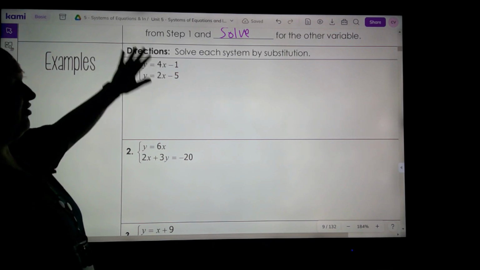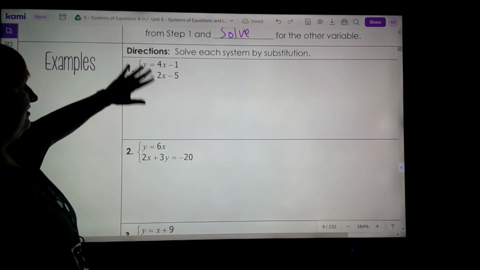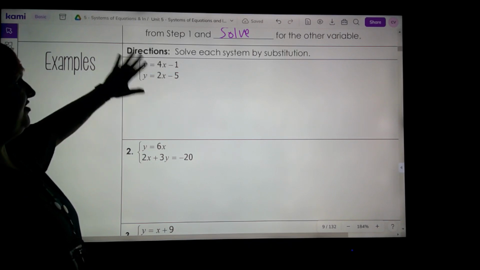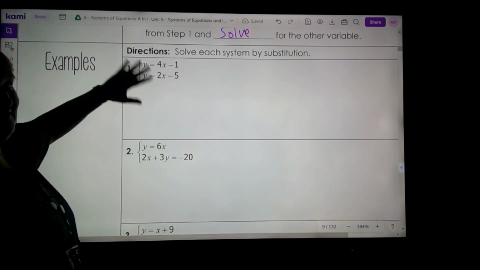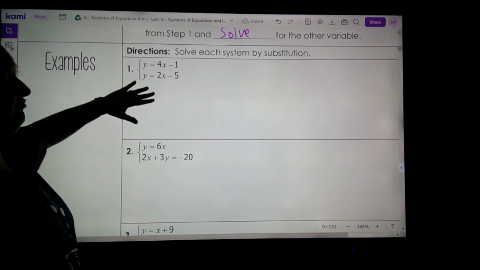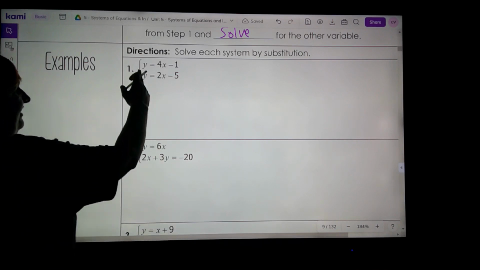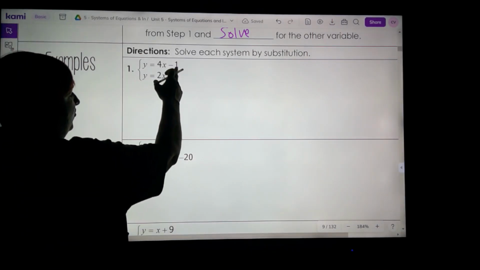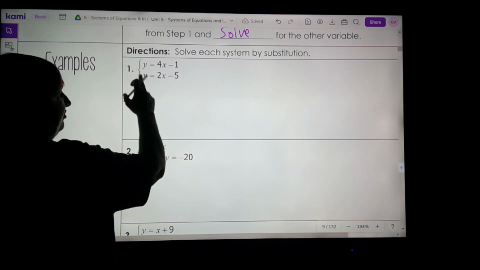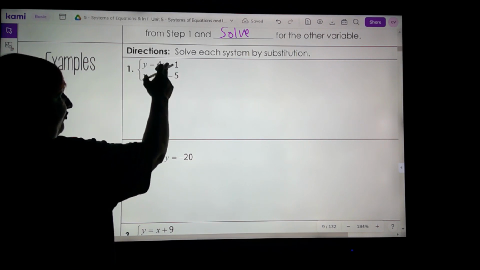Alright, both of them are already in slope-intercept form. They already have an isolated variable. They have already solved for y. They did the work for you. So what they're saying is if y equals 4x minus 1, then we can replace y with 4x minus 1.